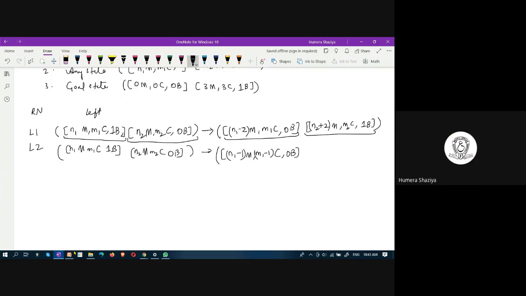Then what would be at the right side? N2 plus 1 missionaries, M2 plus 1 cannibals, and 1 boat. All right, this can be applied.